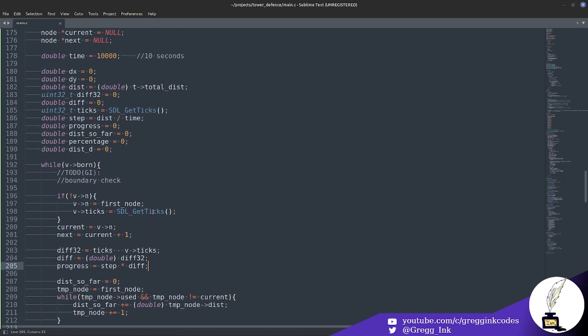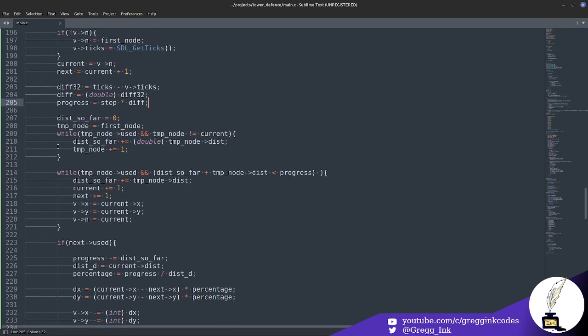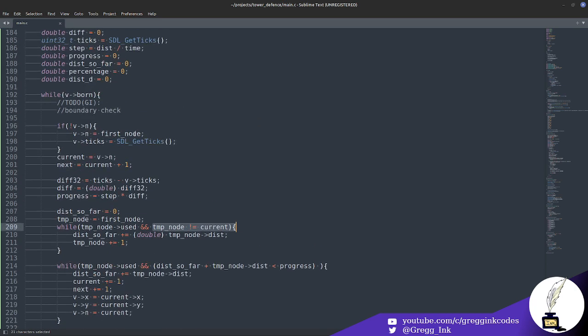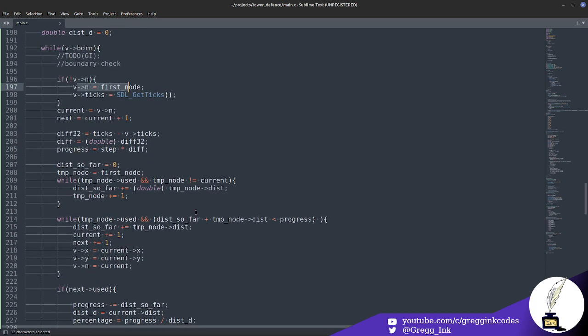Okay. Yes, this so far. Okay. While TMP node used and TMP node not equals to the current, this so far is TMP node this.